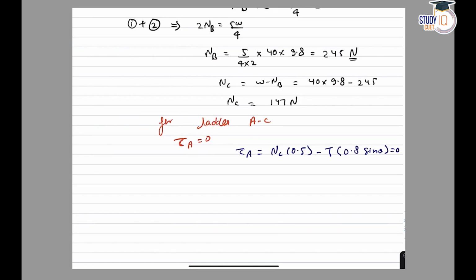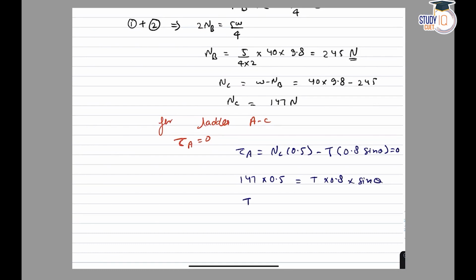Now, substituting the value of NC, which is 147, we get 147 into 0.5 is equal to T into 0.8 into sine theta.